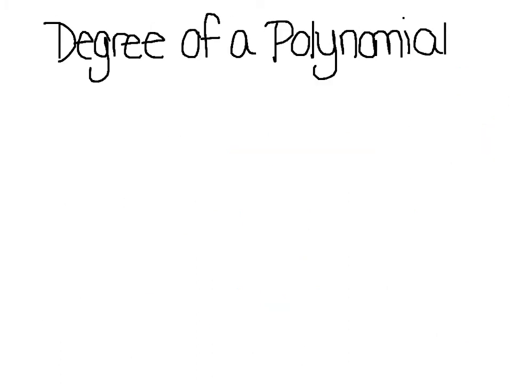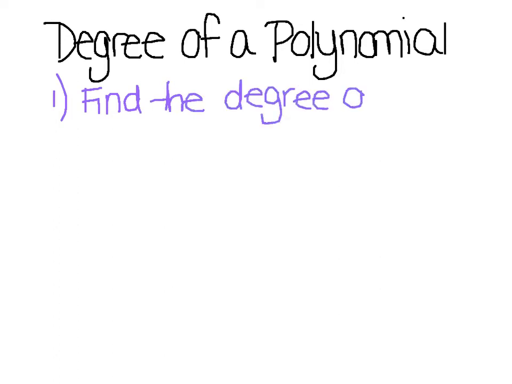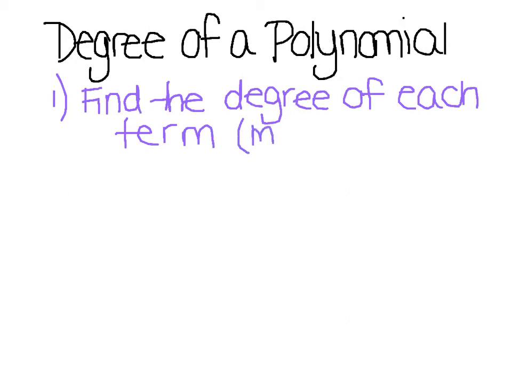Now, even though we learned how to find the degree of a monomial, that's not the same thing as finding the degree of a polynomial. However, they do both incorporate with one another. So to find the degree of a polynomial, you need to first, step 1, find the degree of each term. When I say find the degree of each term, I'm referring to find the degree of each monomial that makes up the polynomial.